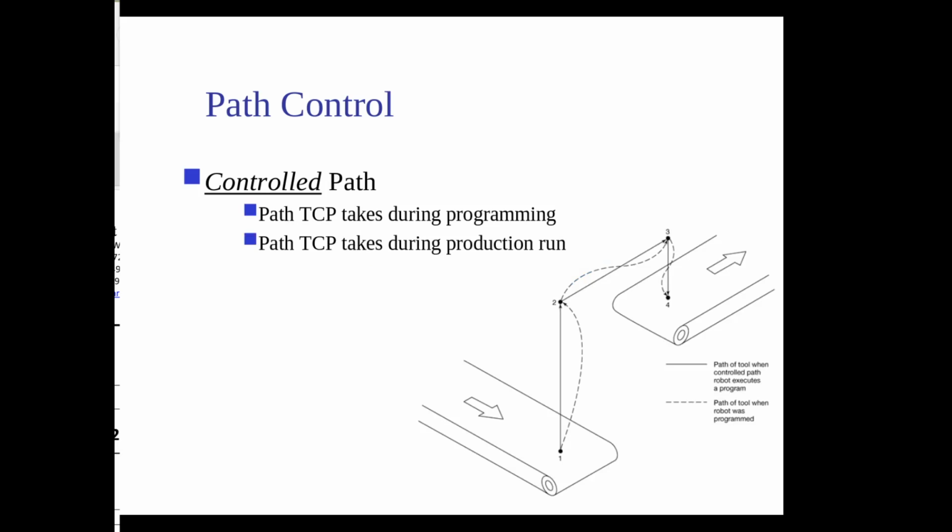So this slide is just illustrating that we're going from points 1, 2, 3 to 4. When we're jogging the robot, we don't have to jog the robot directly to point 2 in a straight line. We could take some kind of curved line, but we're going to teach the robot to go from point 1 to point 2 to point 3 and then to point 4.